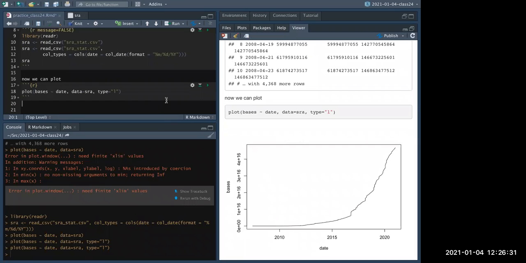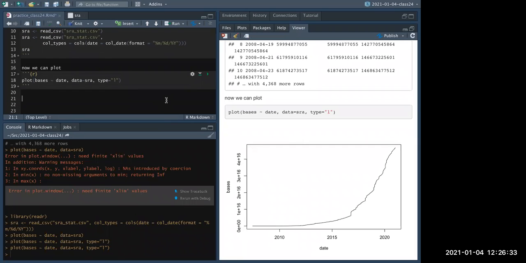So your work is to plot again in logarithmic scale.